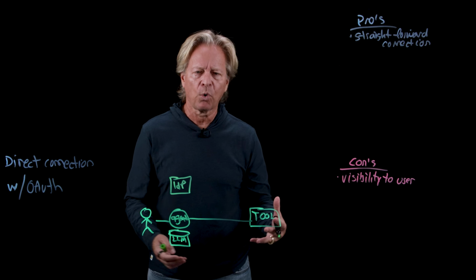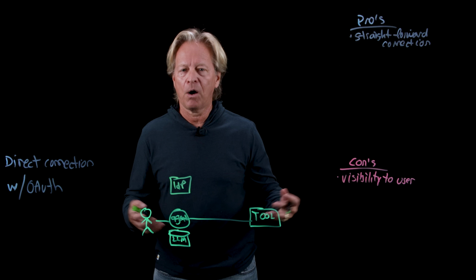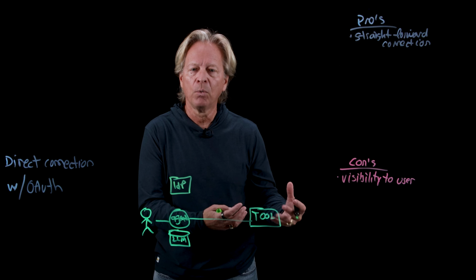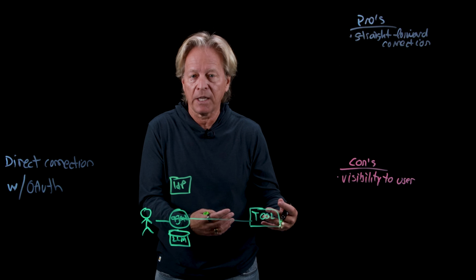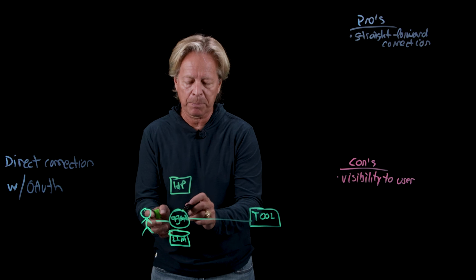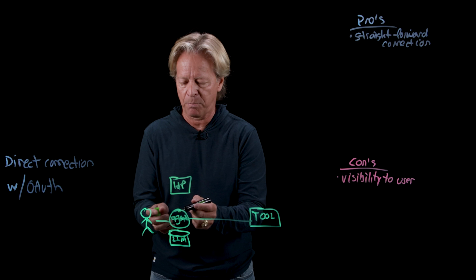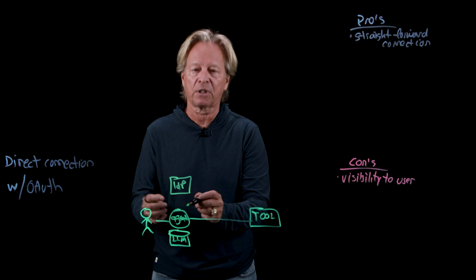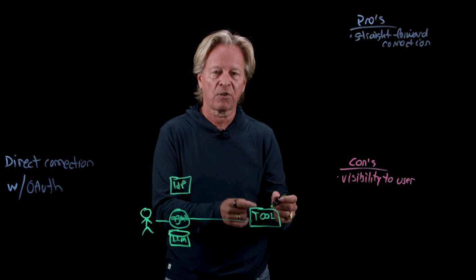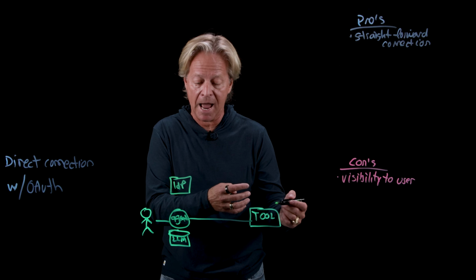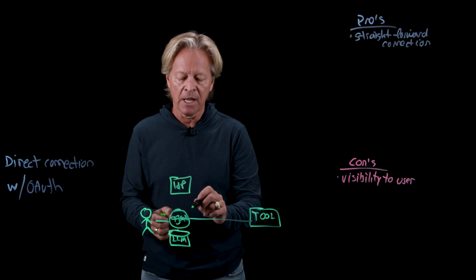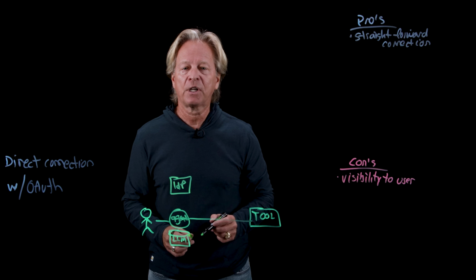There are several tools that we work with, GitHub, Jira, Slack, that have their own OAuth abilities to do authentication. So what happens is the agent talks to the tool and says, okay, who is this user? Let's authenticate it. That comes back, the tool issues an access token, and now the agent is able to use that to connect to the tool.